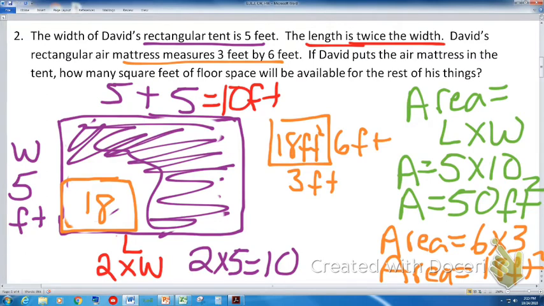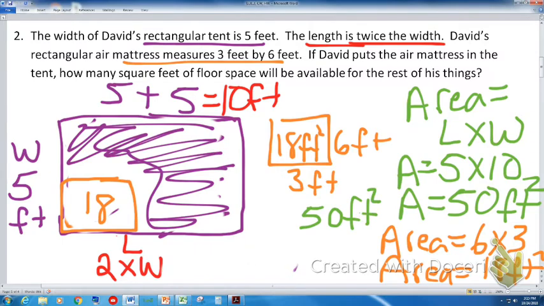So if we had 50 feet squared for my tent floor, and 18 feet squared for my air mattress, all I have to do is subtract.